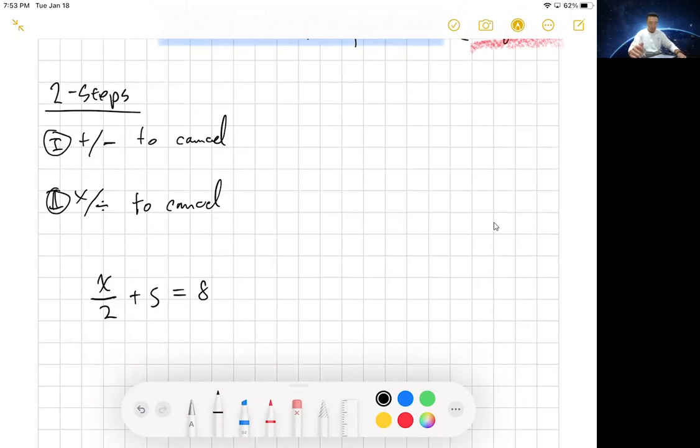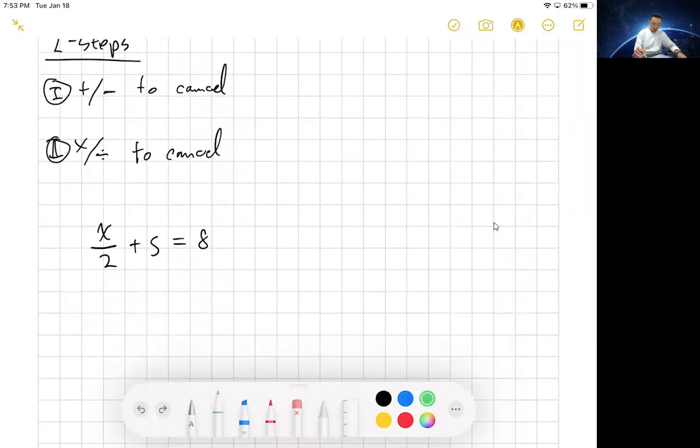I'm done changing the numbers. So again, because adding and subtracting is first, we would cancel the 5, right? And then after that we would multiply by 2. I'll show you the full problem in just a second, but that's normally what we would do.